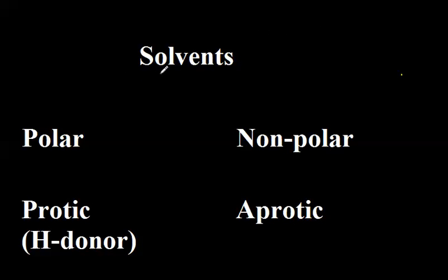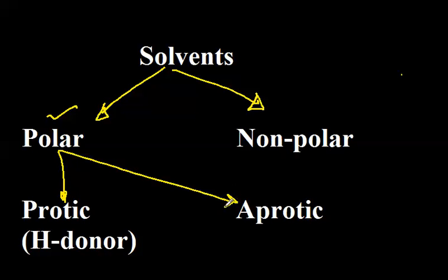We'll talk a little bit about the solvents which are used in SN2 and SN1 reactions. So you can see fundamentally there are broadly two types of solvents. One is polar solvent and the other one is non-polar solvent, and we are interested in these polar solvents now. In both of these types of reactions we use polar solvents. So in polar there is further classification as protic or aprotic.